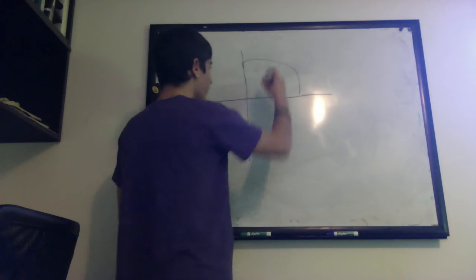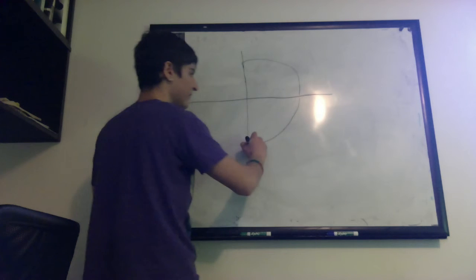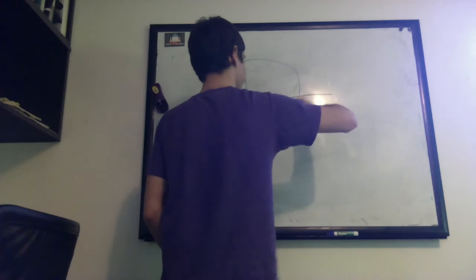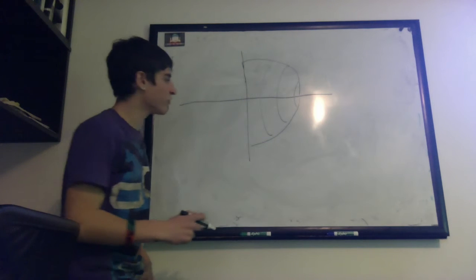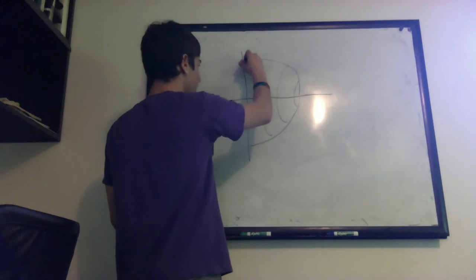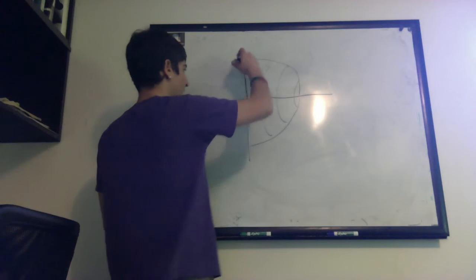So what we're going to do, well, first it's going to look like this, and then these are rotated around. What you want to do is take the value of the function on each point, and rotate that around.